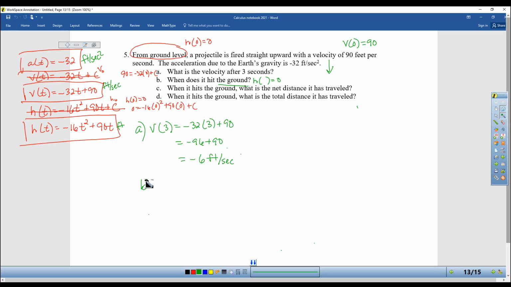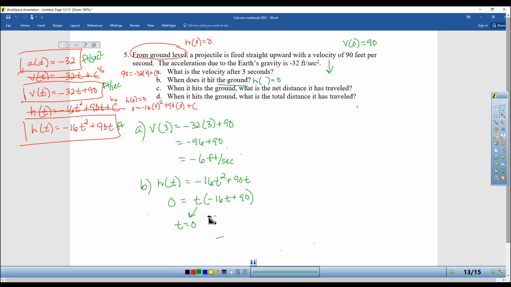So I can take this equation, h of t is equal to negative 16t squared plus 90t, and I want to know where the height is equal to 0. Well, if I take out the t, then I get t times negative 16t plus 90, and there's two answers.